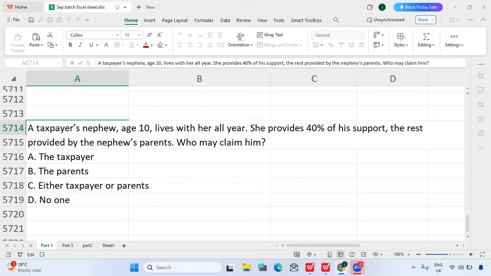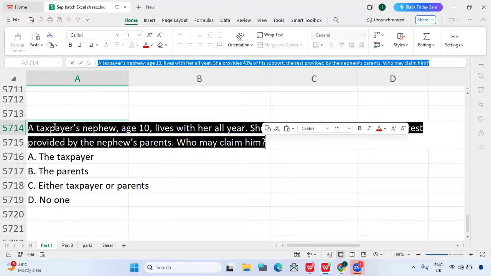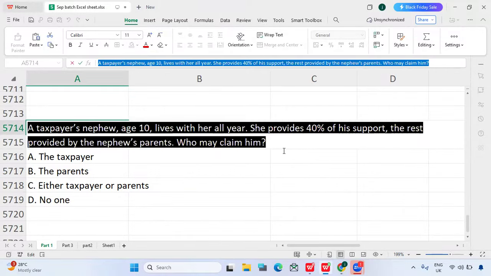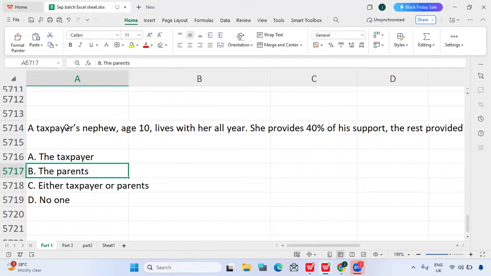Can it be D, because they didn't live with the parent and this wasn't a temporary absence? They didn't specify if he lived with his parent. Usually parents, right? So you told the correct answer. Parents only.